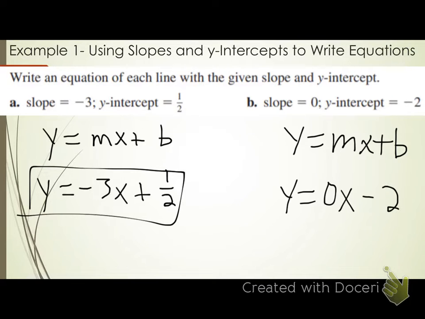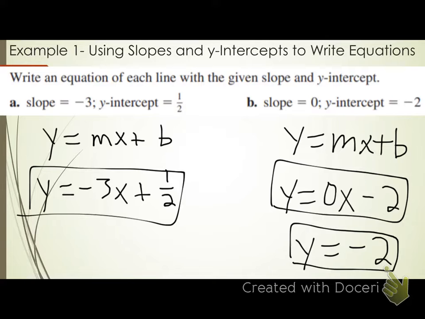Either way will work. What's 0 times x? So it could simplify down to y equals -2. If you wrote it like this, I wouldn't count it wrong, but it can be simplified further to y equals -2. Questions on B?